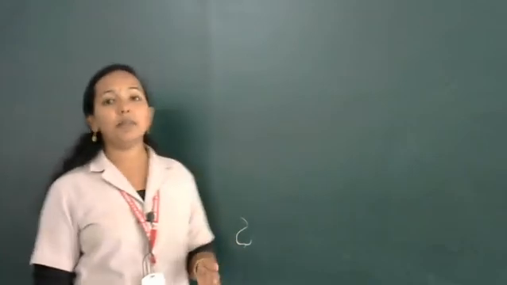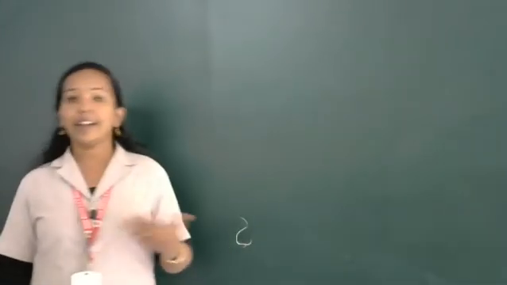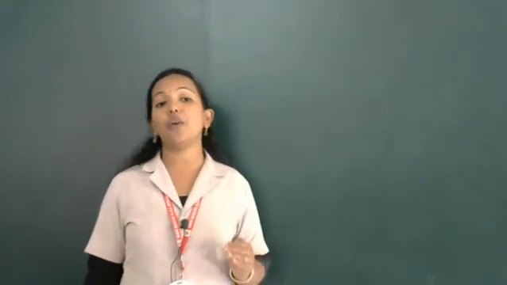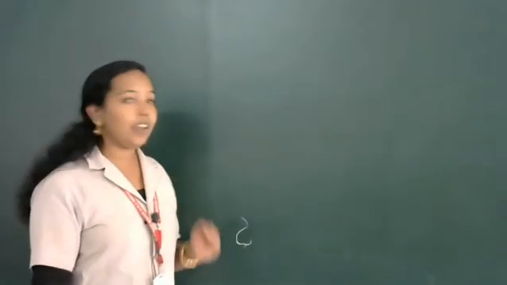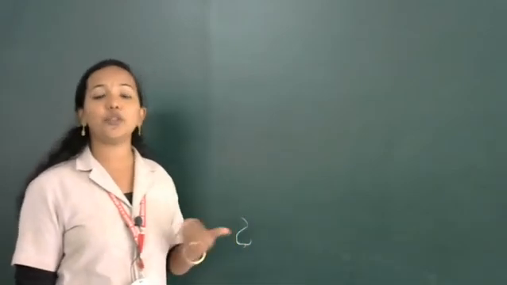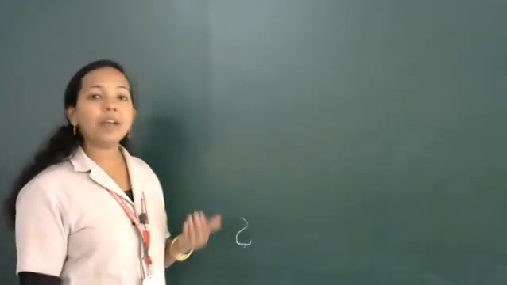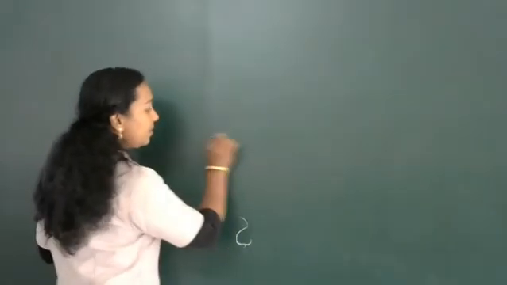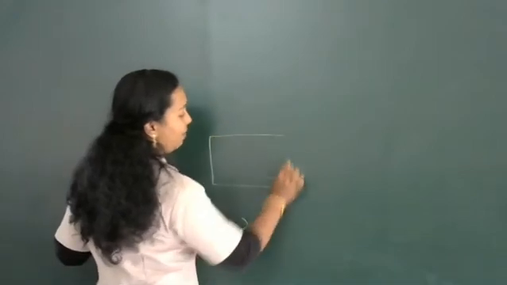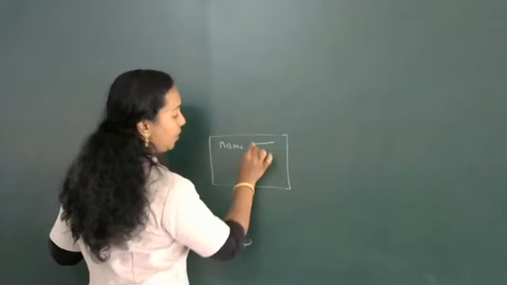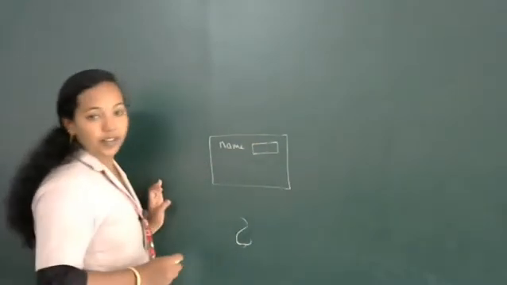The example program is this: create a web page that validates the name and age of a student. Name and age of a student means we are inserting two text boxes. We are going to create a sample web page like this. In the first text box, you input the name of the student.